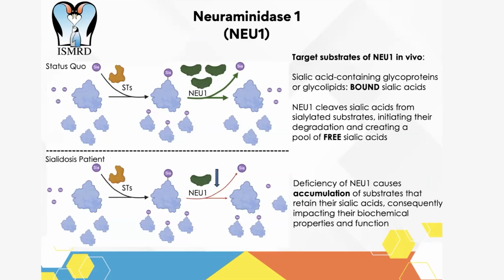In the status quo scenario, you will have a nice clean removal of sialic acids and sequential degradation of these proteins in the lysosome. However, in sialidosis patients with reduced neuraminidase activity, you have aberrant processing of these sugars. This leads to accumulation of substrates that retain their sialic acids, and this does impact their biochemical properties and functions in the body.